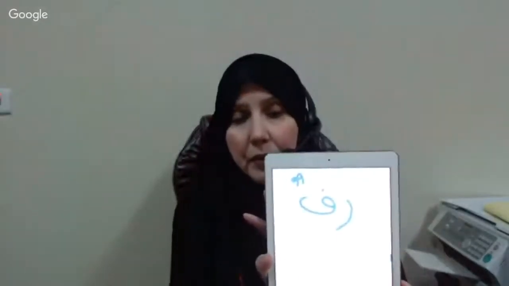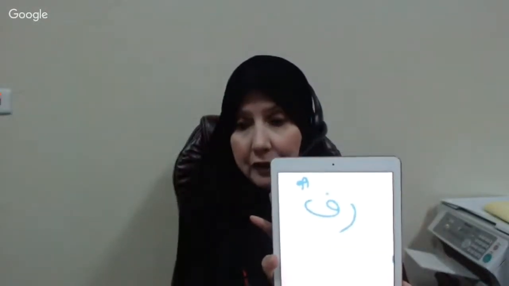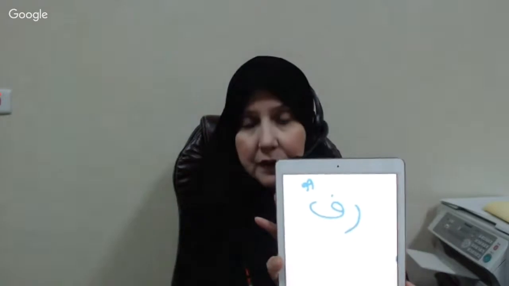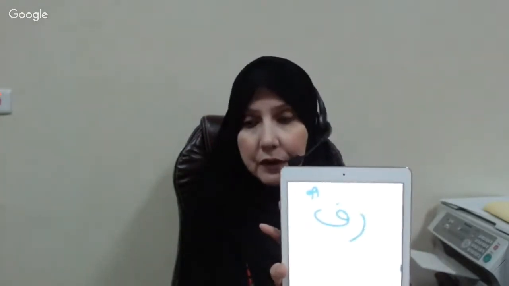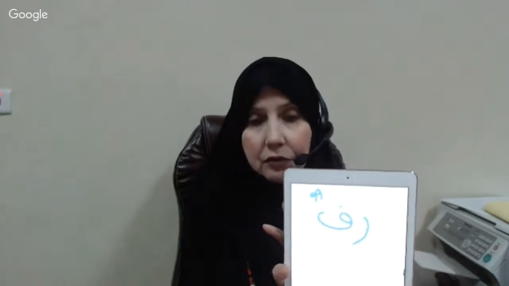Ad-daftaru, daftarun. Okay. Next, raff. We put double dhamma over it. Remember, raff means shelf. It's pronounced raffun. If you add the alif lam to the beginning, it loses nunation.